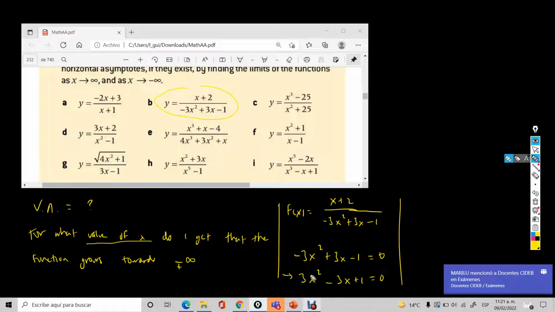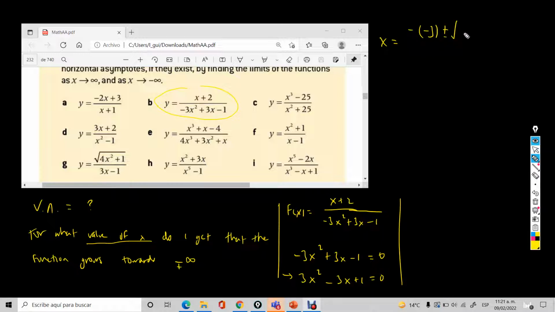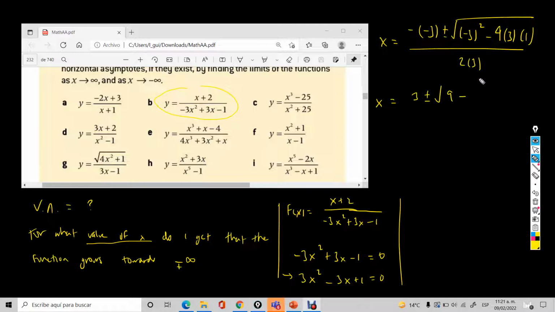Let's find that value of x. So x is going to be minus b, which is minus 3, plus or minus the square root of minus 3 squared, minus 4ac, which is 3 times 1, divided by 2 times 3, and just simplify this thing. 9 minus 12 over 6.